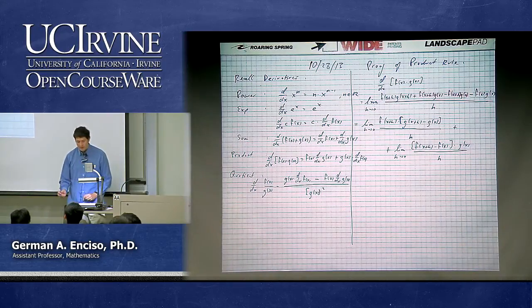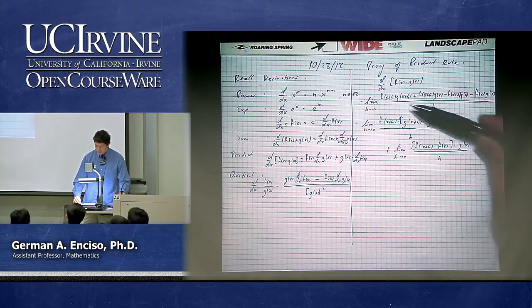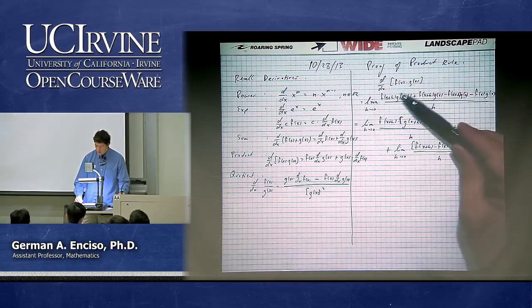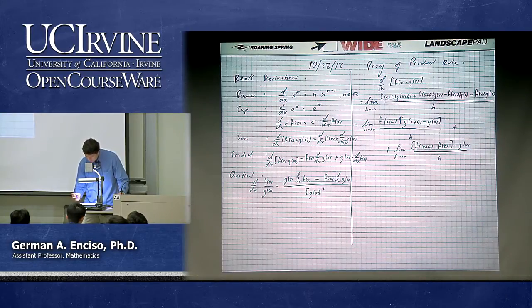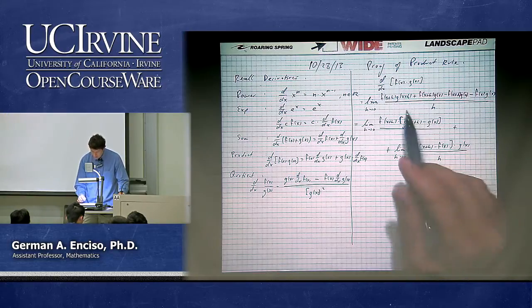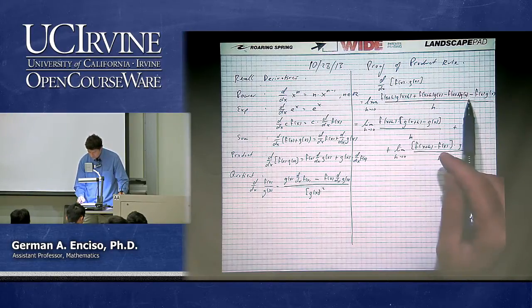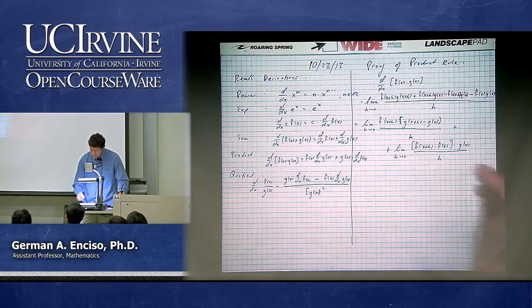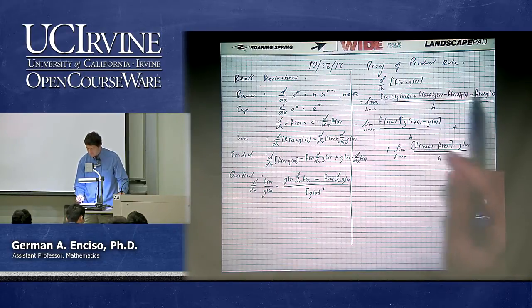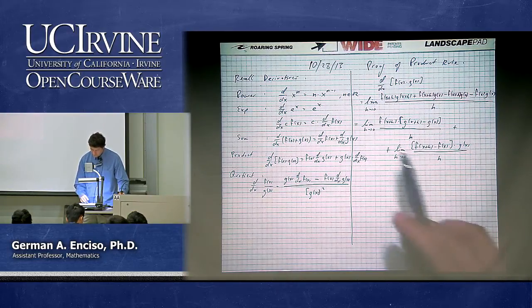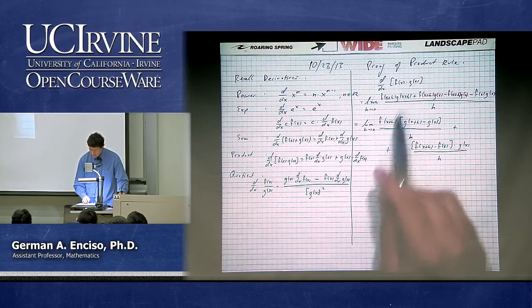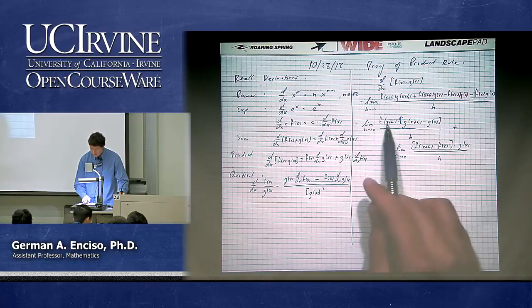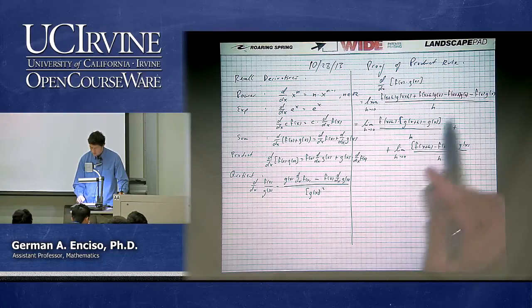Okay, let's think about what we did here. There's four terms here. So I broke it up into the first two terms by themselves. Actually, no, sorry. The first term and the third term by themselves. And the second term and the fourth term by themselves. Okay, so this is f of x plus h times g of x plus h minus f of x plus h times g of x.